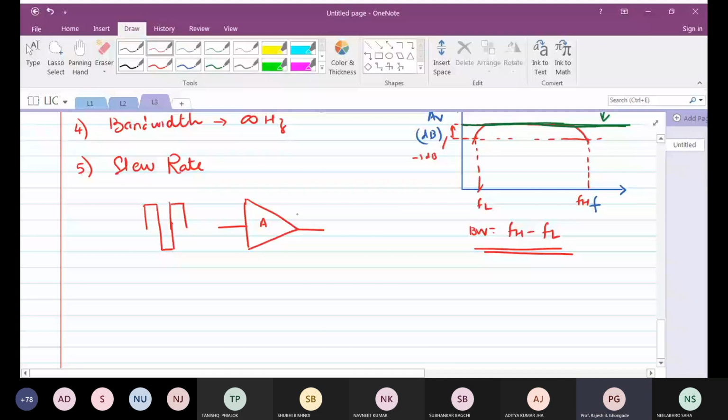If you look at a practical amplifier, you will not get an output exactly like this, but you will get an output which may look like this. I'm exaggerating things, by the way.